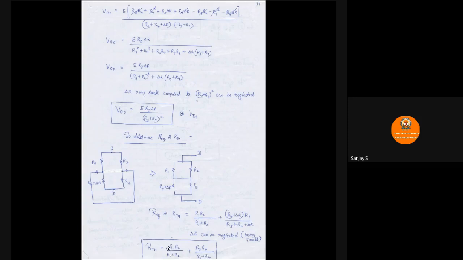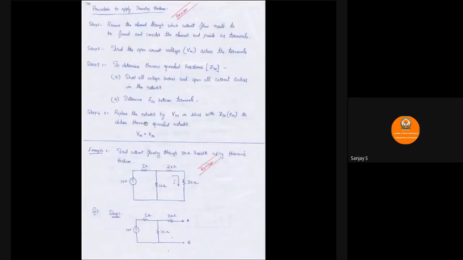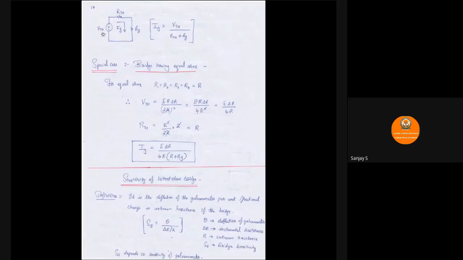Now, as per step number 4, replace the entire network by this VTH in series with ZTH or RTH. You can see I have just written VTH and RTH, and I have the galvanometer over here. The galvanometer was the one that we had replaced. The galvanometer also contains a resistance, so I have written it as RG.